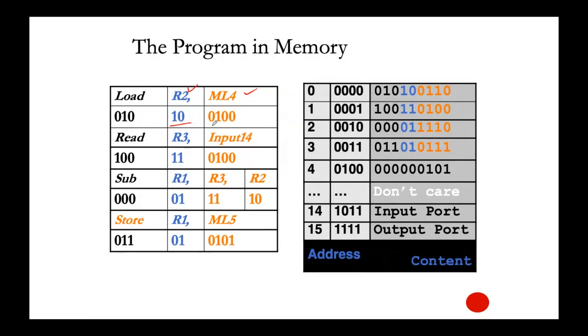Memory location 4 is represented as 100. So the total instruction code becomes 010, 10 that is R2, and 0100. This is going to be stored as per the instruction.